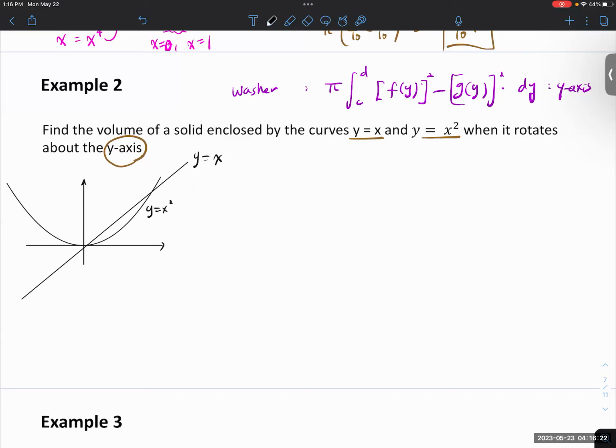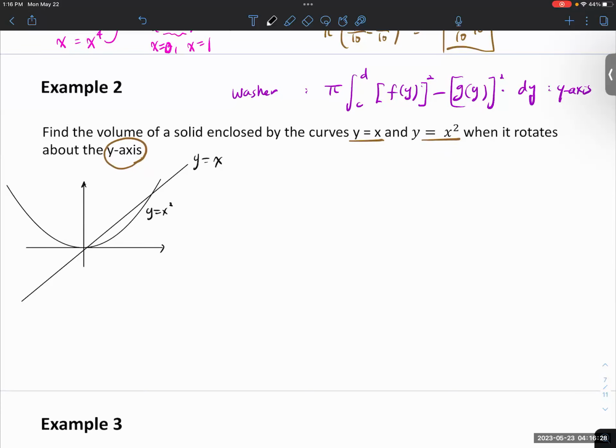We are looking for the volume, right? So think about it. If you're rotating y equal to x, it's going to be a large circle, the whole bucket. And actually we are rotating about the y-axis.